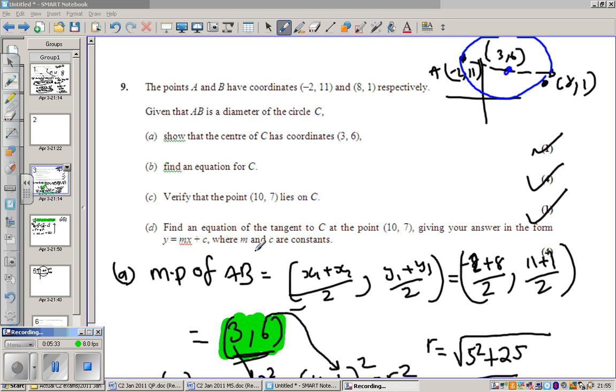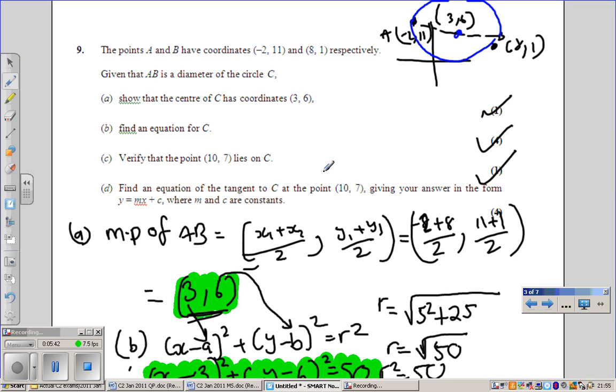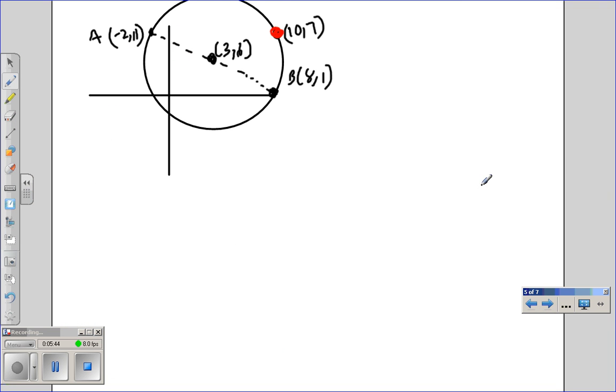So I have drawn out this diagram here in a bit of a nicer way, over here somewhere. Draw it out again. So we have to find the equation of the tangent here at that point.